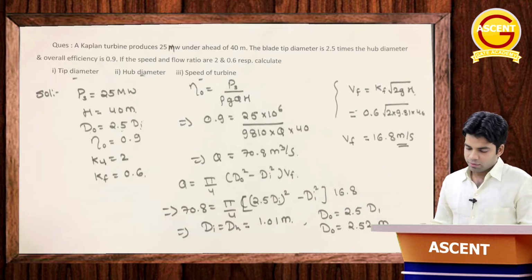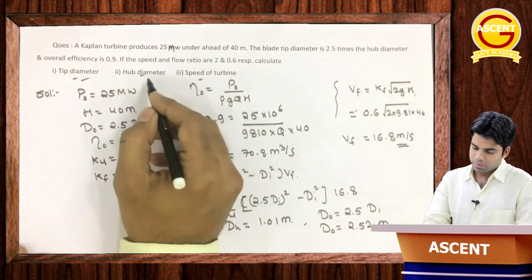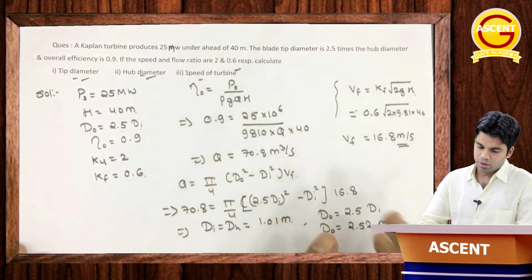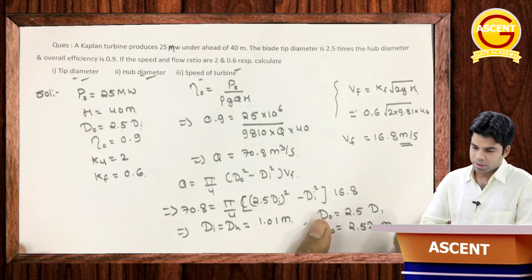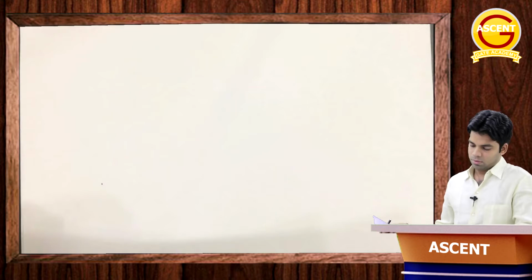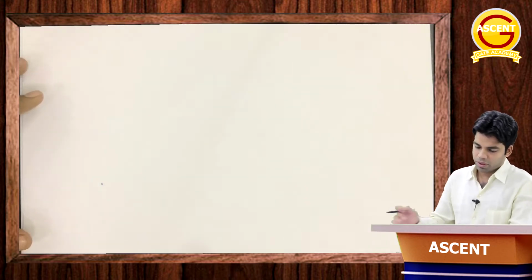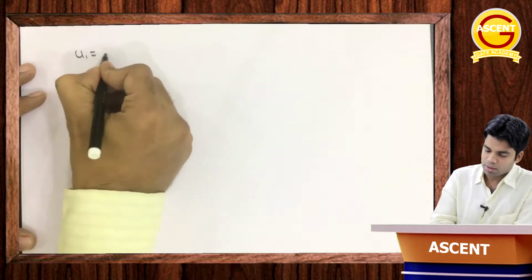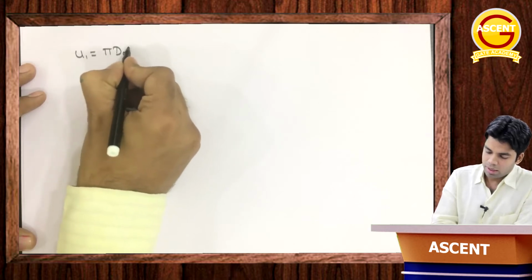Now we have determined the value of tip diameter and hub diameter. Next is the speed of turbine. So for speed we can put the formula u1 is equal to pi d outer n by 60.